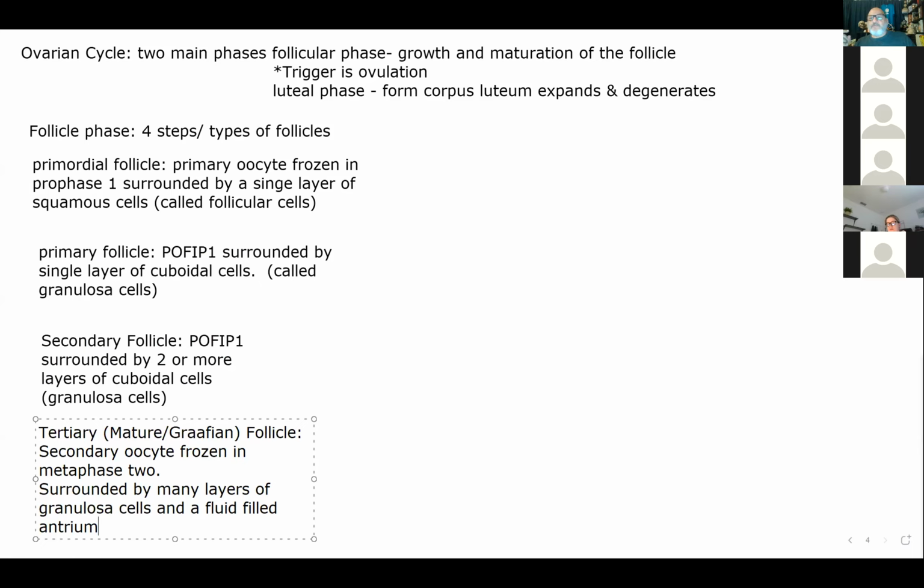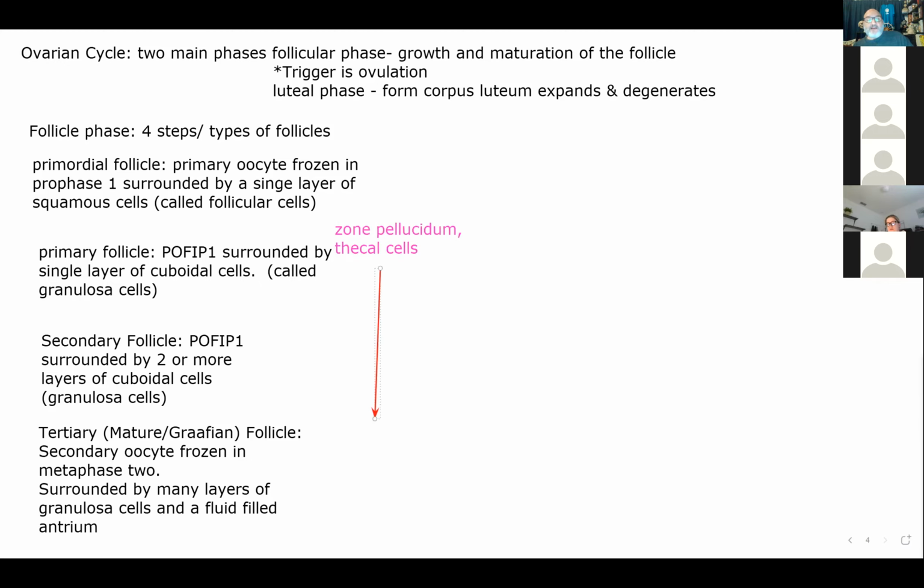Things like the zona pellucida, the follicular cells, those start to appear as early as the primary, right? So these start to appear as early as the primary and continue down.